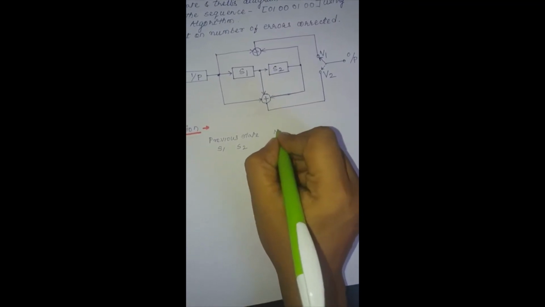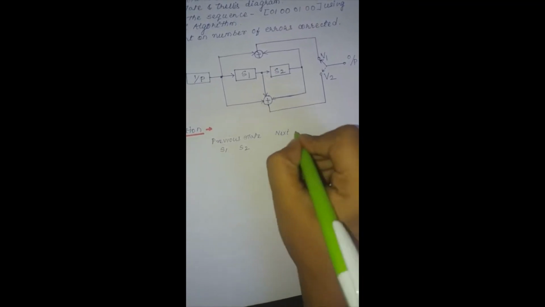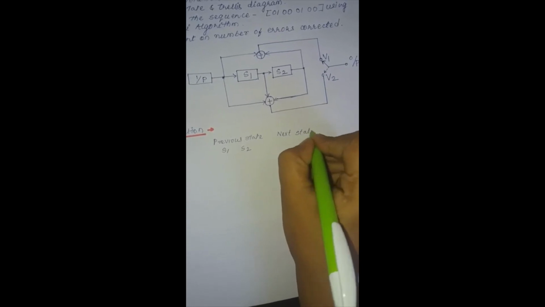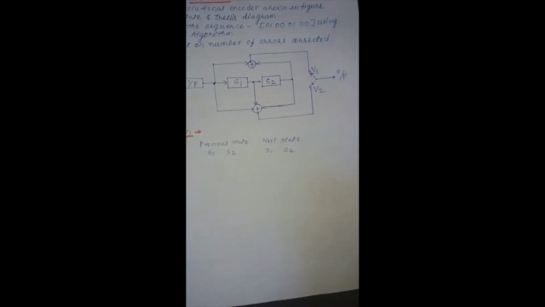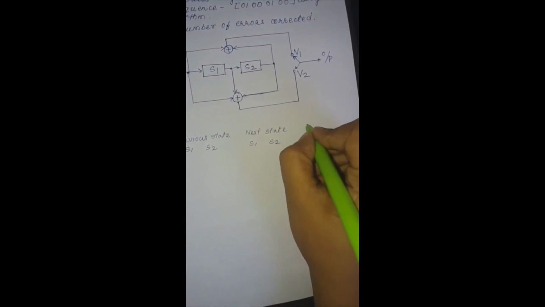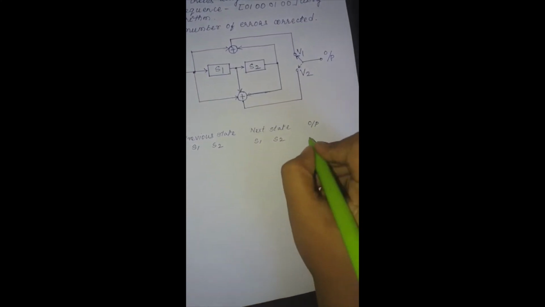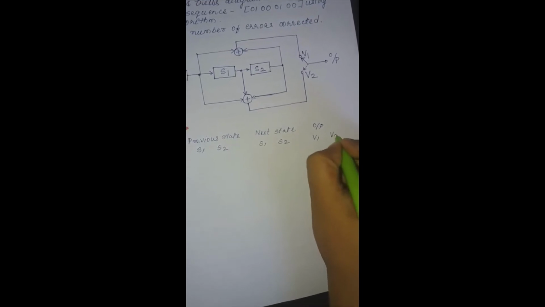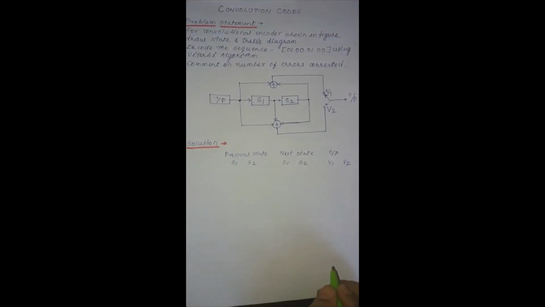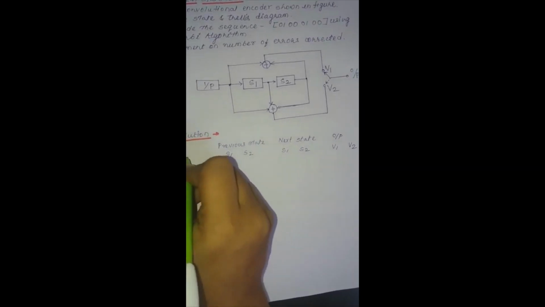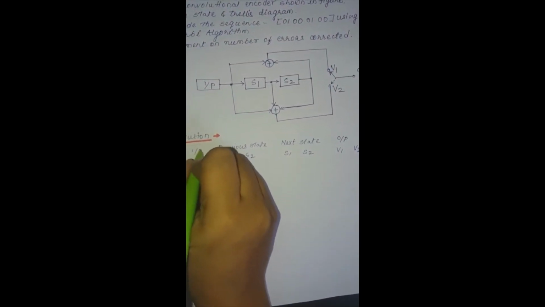Next column will give us the next state for S1 and S2. Last columns are for outputs, which are denoted by V1 and V2. Outputs will depend upon the previous states and the input message applied, right?